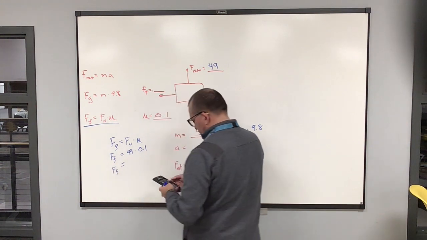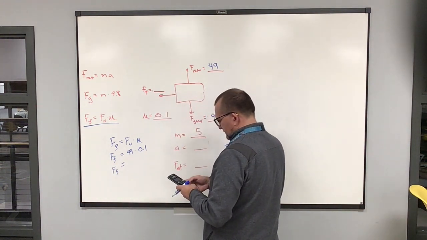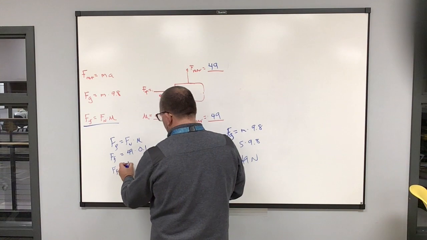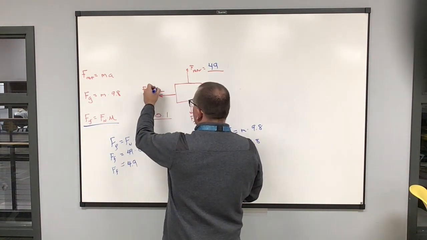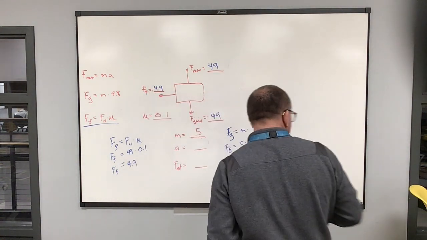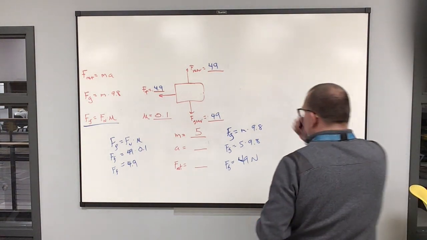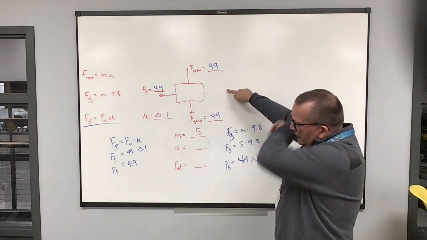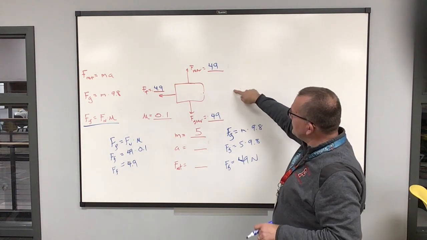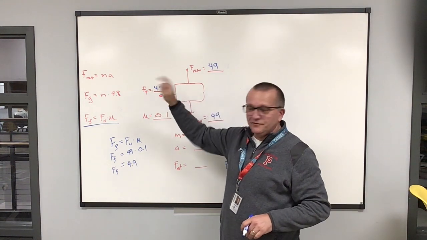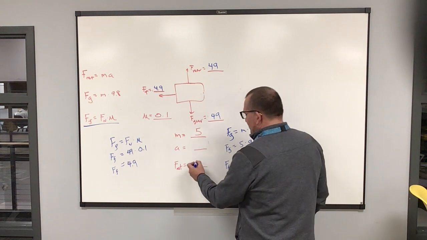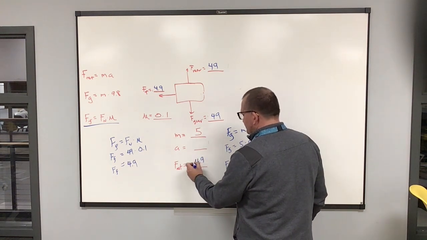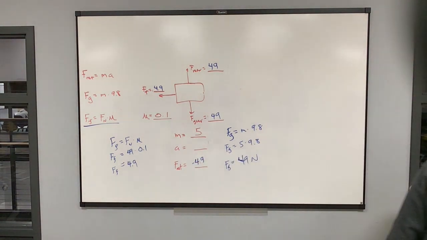My force of friction is 4.9 newtons. So I'm cruising along. Net force, nothing this way, 4.9 newtons that way. So my net force is negative 4.9, so I'm going to the left.